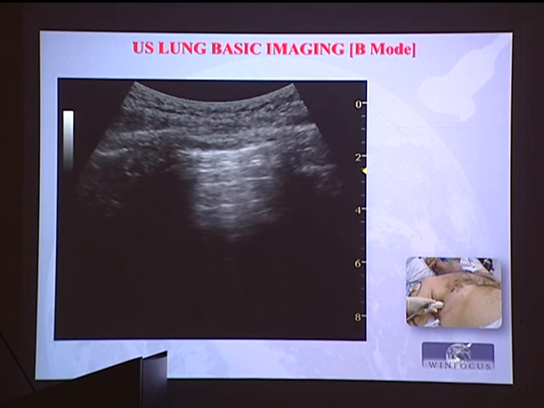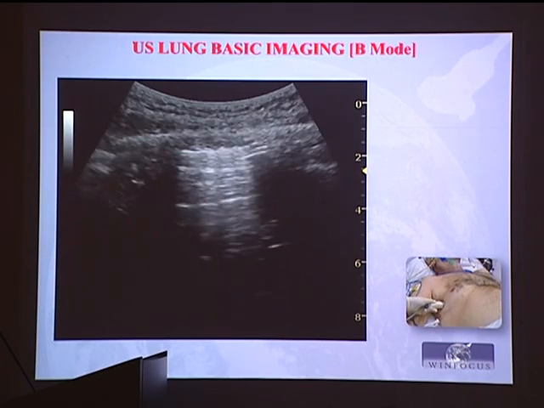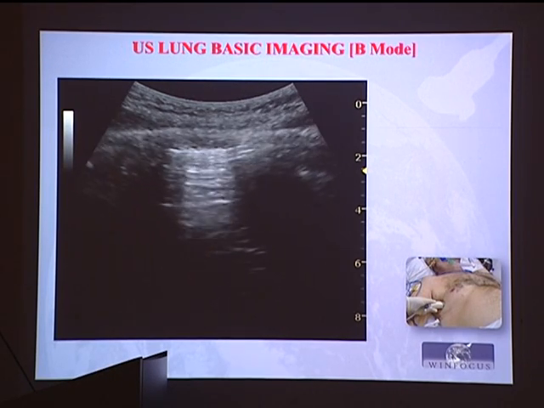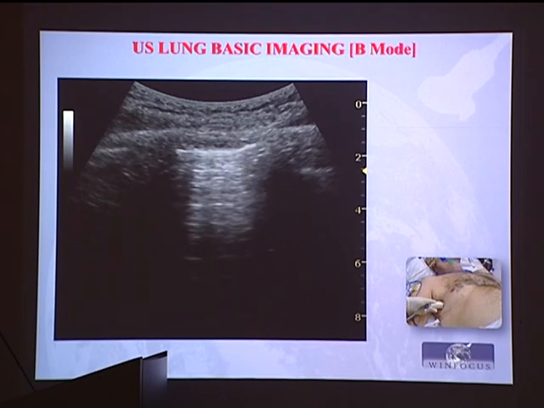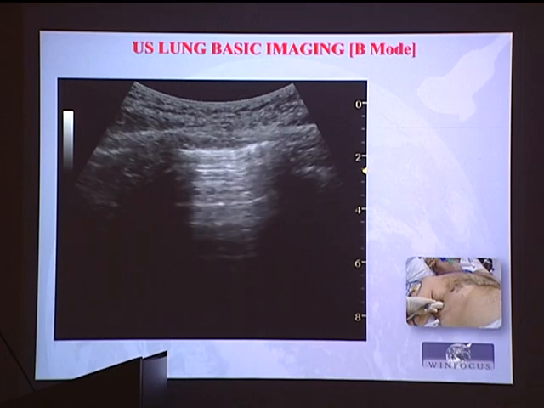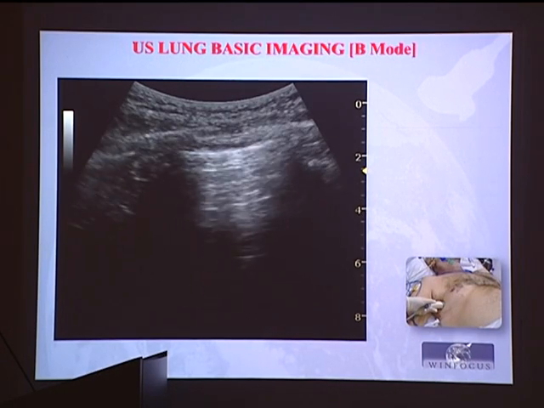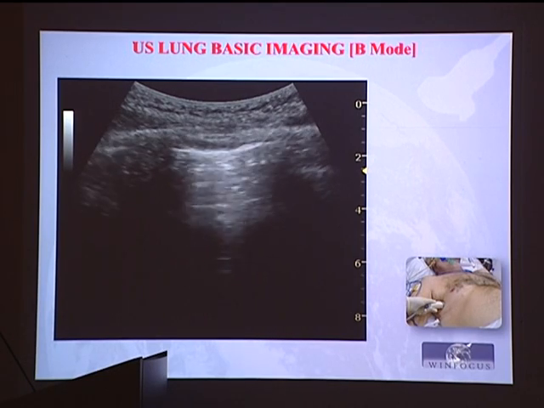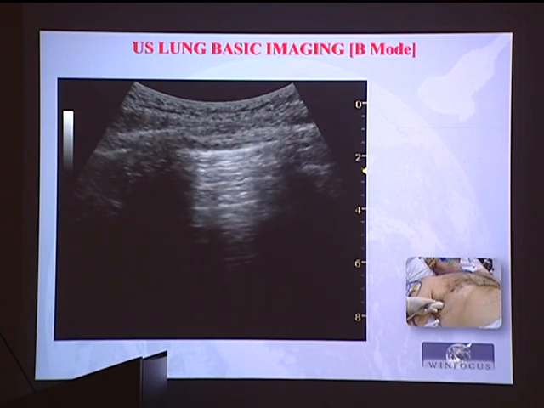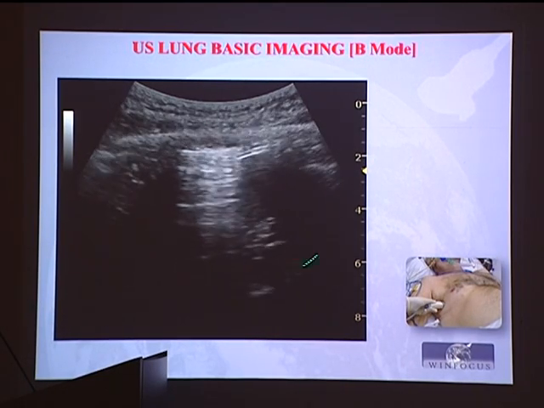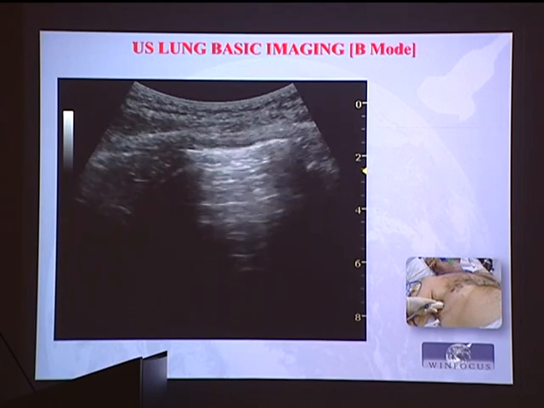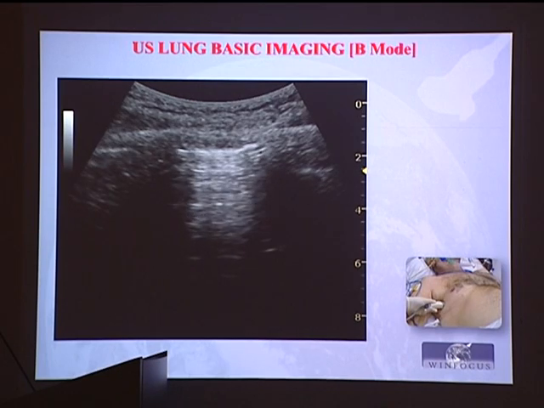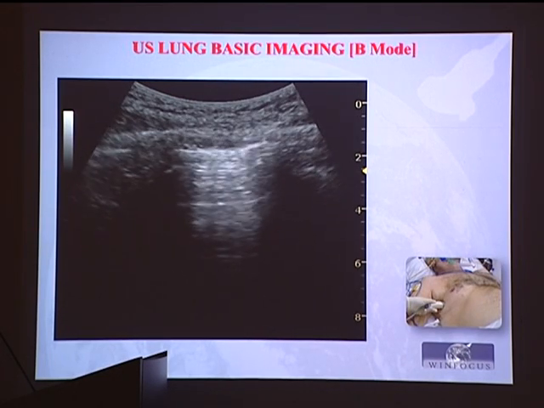Is my patient in the appropriate position? Did I get the consent of the patient to do this? Etc., etc. So, all circumstantial and technical points that would make your image appropriate, adequate. Is the depth of the image appropriate, the direction, the brightness, the focus, the orientation of my image?